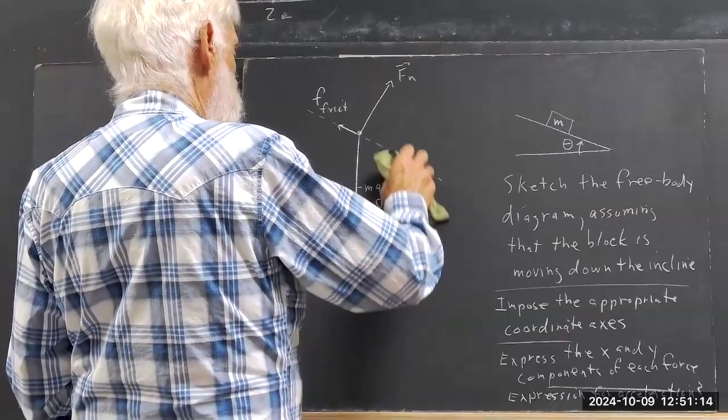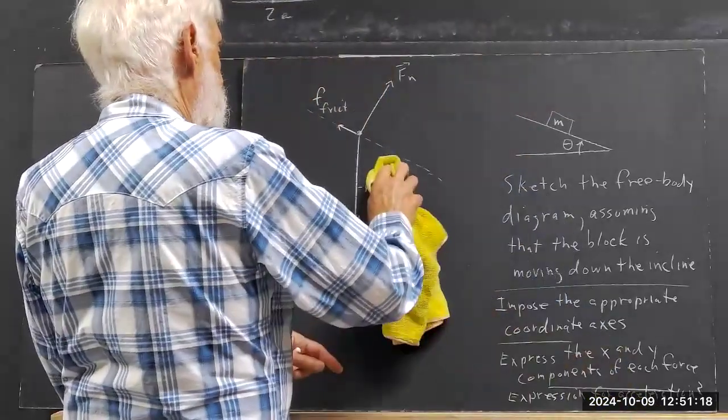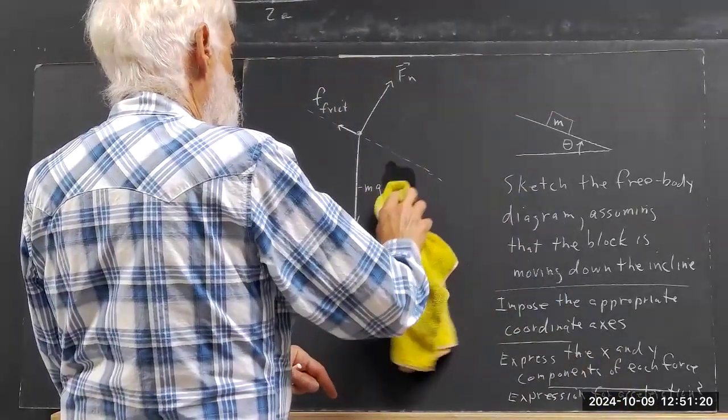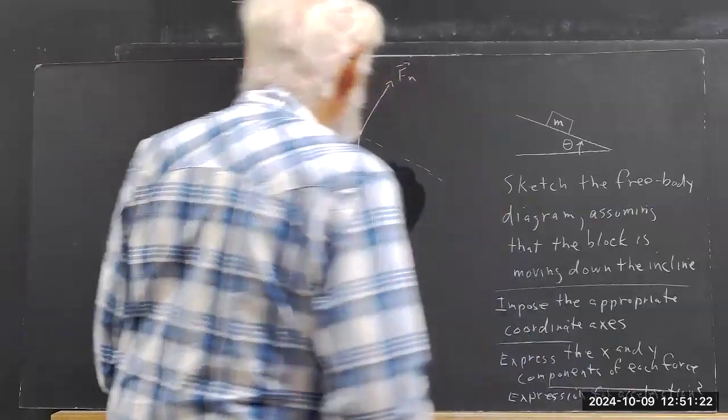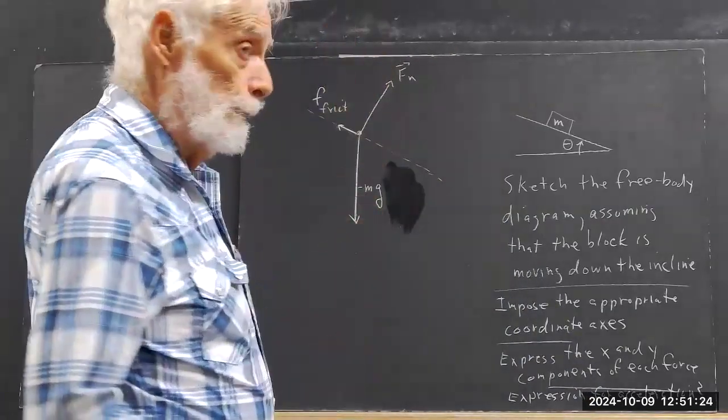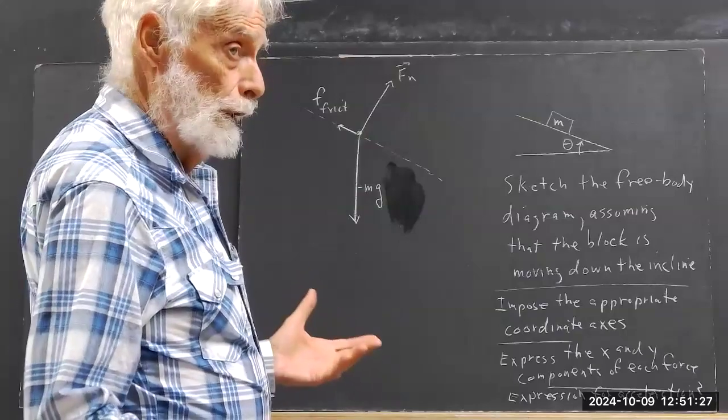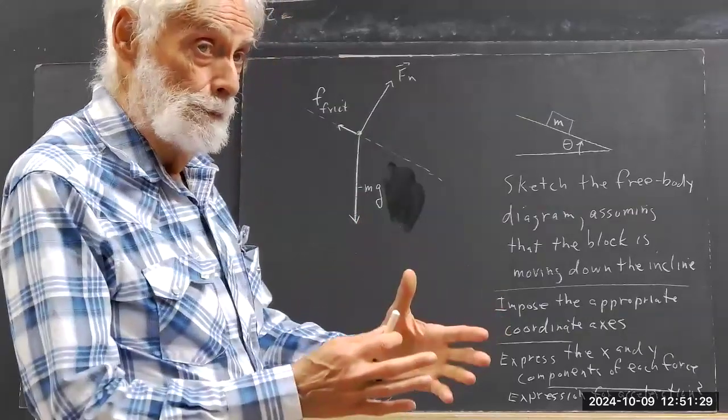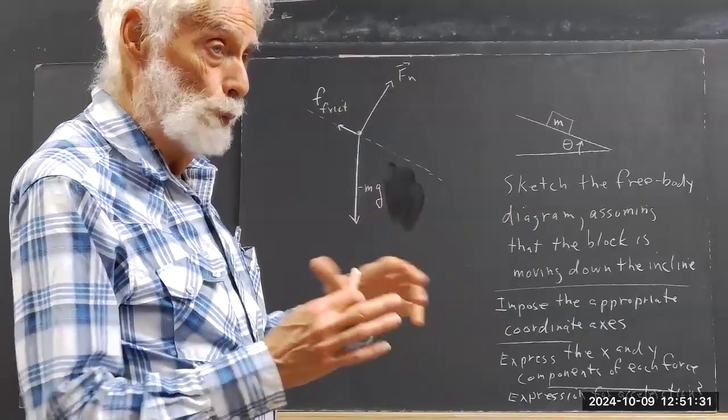when I did negative mgj, that wasn't necessarily the best idea, because that would assume that your y-axis is straight up and down. You don't want to do that. You can, and go ahead and do it and work it out.